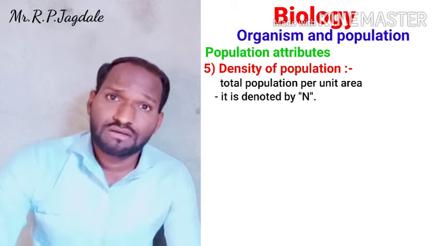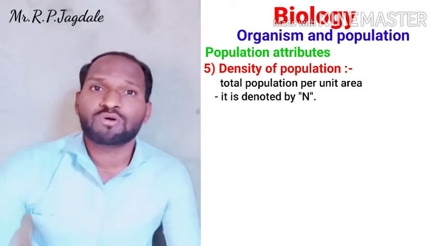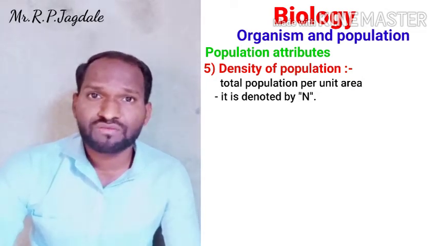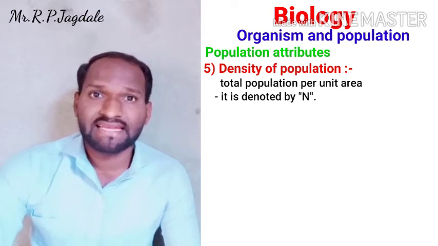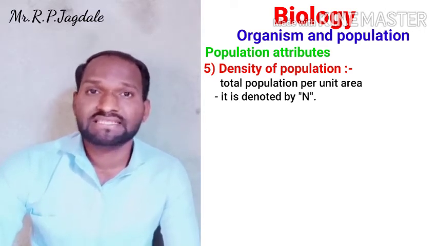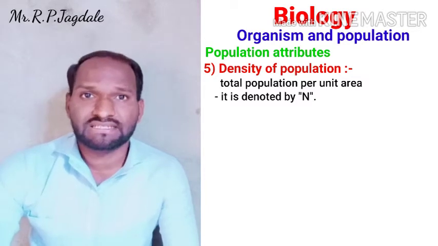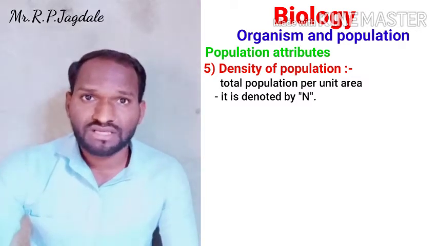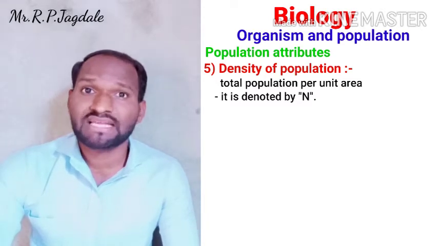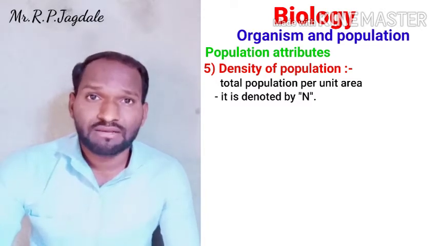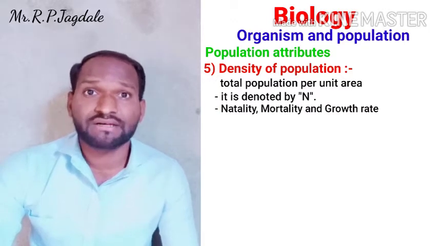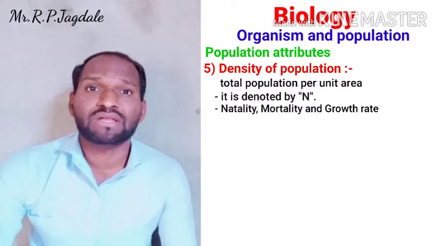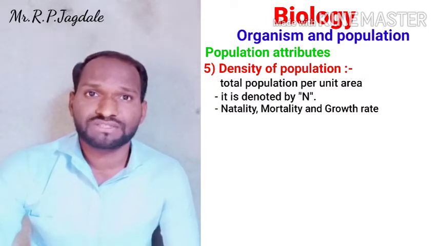Now, to calculate the density of population, what do we need? We need to know the natality and mortality, that is birth rate and death rate. Then we should know the growth rate. If we know the natality and mortality, we can calculate the growth rate. And by knowing the natality, mortality and growth rate, we can calculate the density of population.